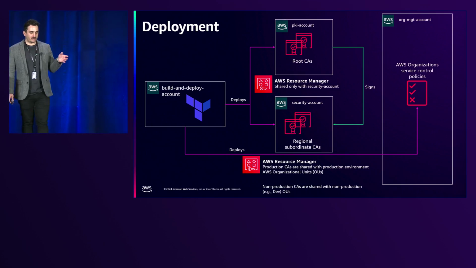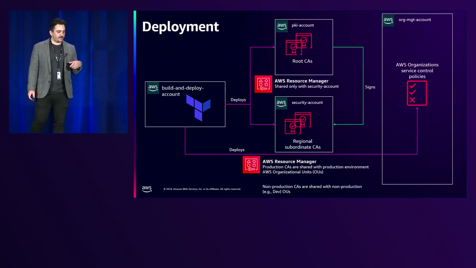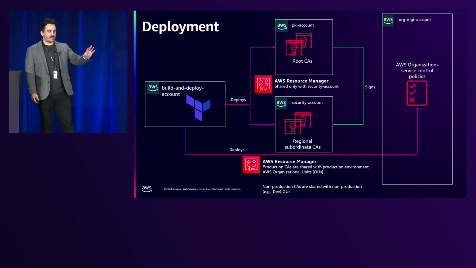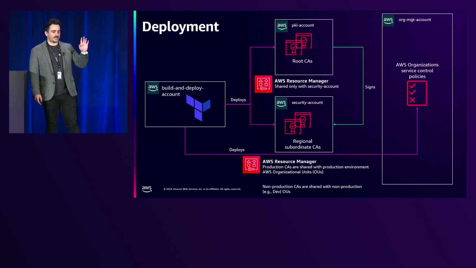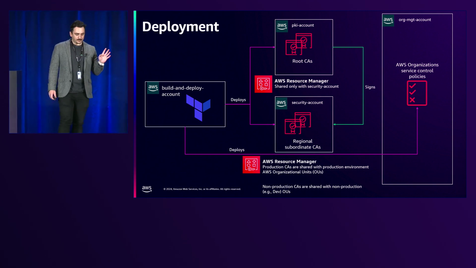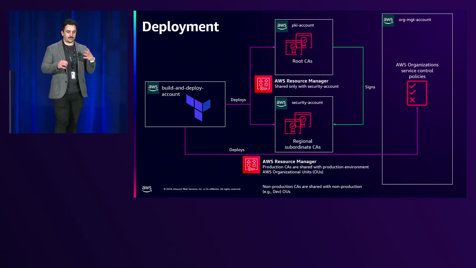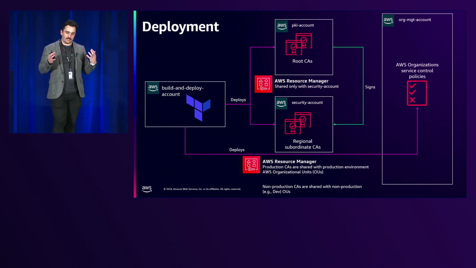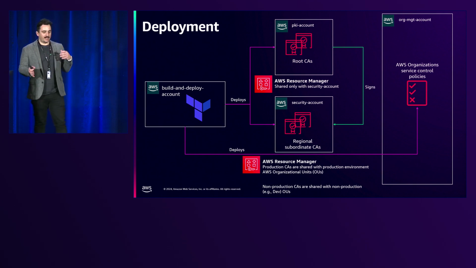So like I mentioned, we're a big infrastructure as code Terraform shop. And so over here to the left, we're using the standardized infrastructure as code deployment pipeline. And from there, we created some bespoke Terraform modules that combine the private certificate authority, the Resource Access Manager, the CA certificates and the associated permissions within that module.